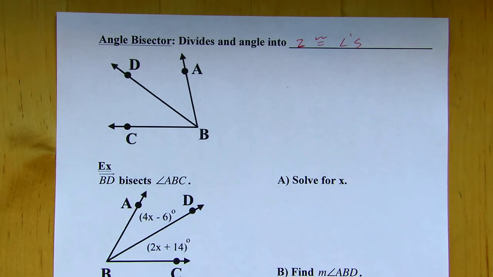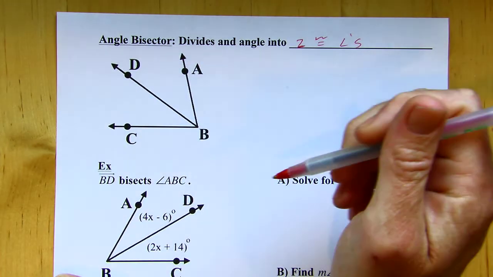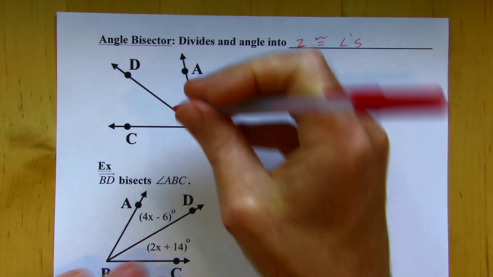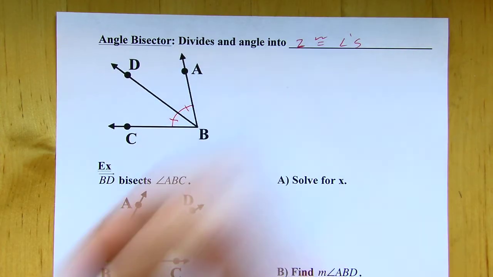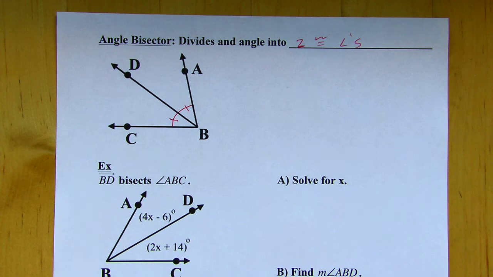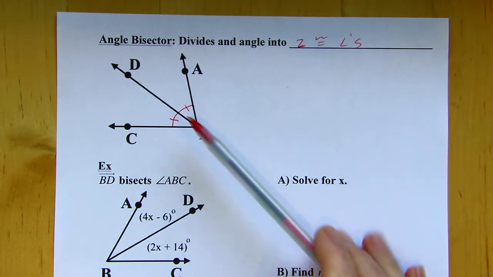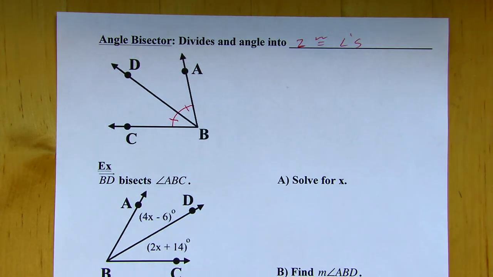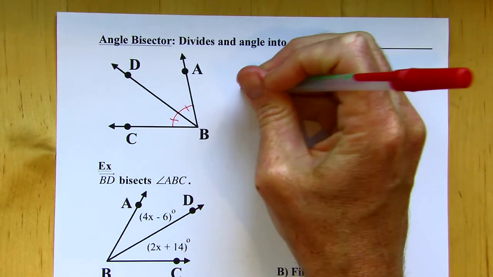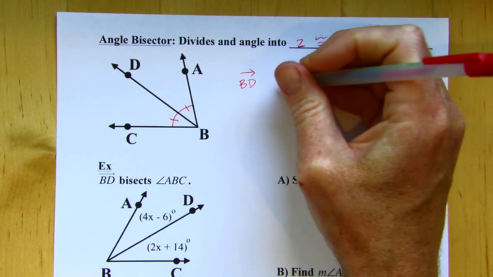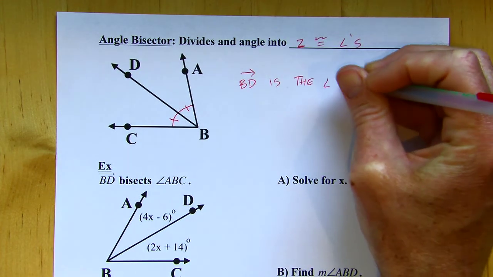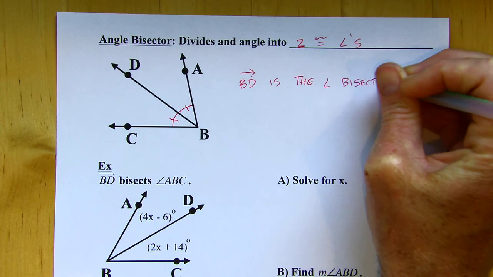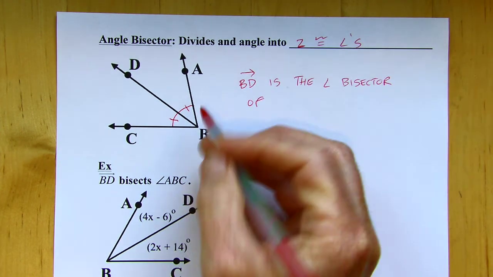So if BD is the angle bisector of this angle, and I want to show you that without writing it out, I would just show you that those two angles are congruent. If those two are congruent to each other, they have the same measure, and that means ray BD is cutting that exactly in half. So I could say ray BD is the angle bisector of, and then the bigger angle I could call ABC.